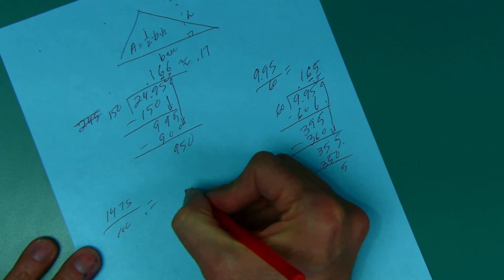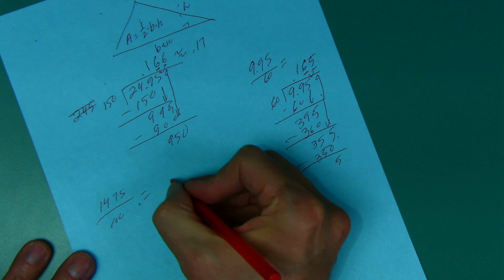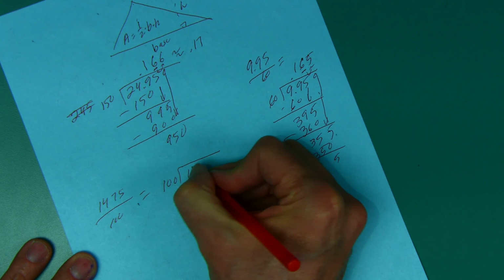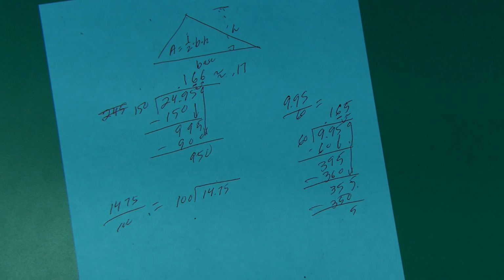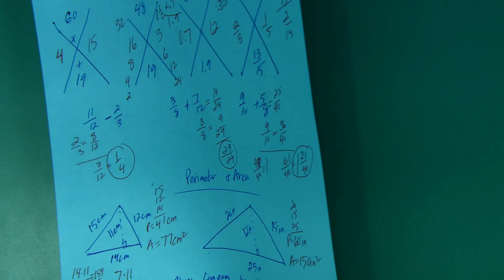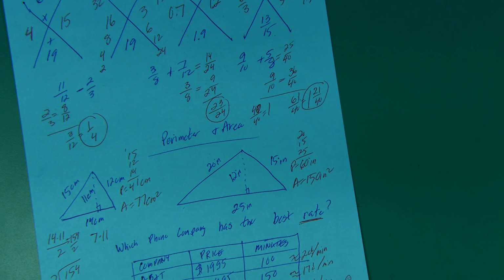And do you guys remember the trick with dividing by 100? Okay, because I did all the work and showed you how to divide, but remember the trick we learned with dividing by 100? We just moved the decimal this way 2 spots. Okay, so when I did 19.95 divided by 100, all I do is boom, boom, it's 0.1995.